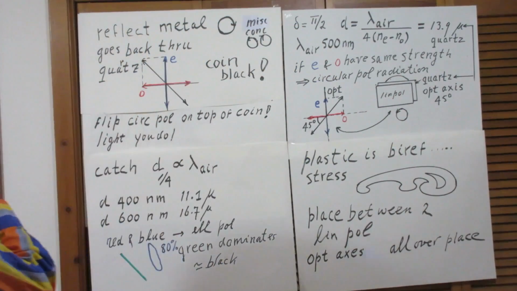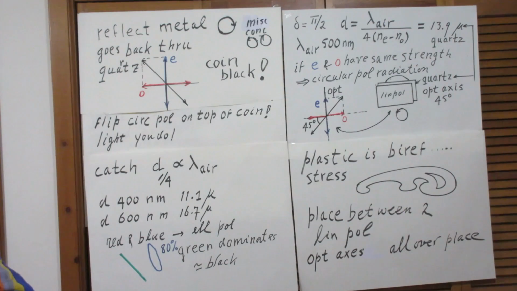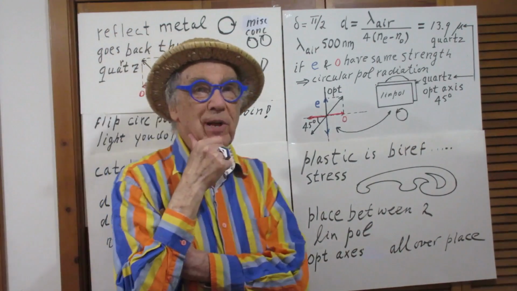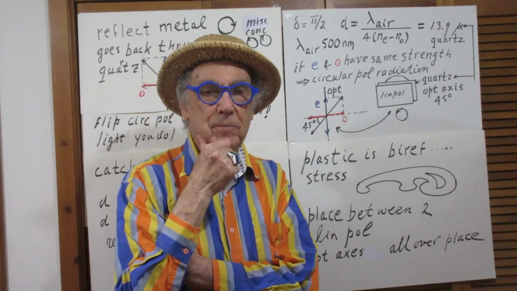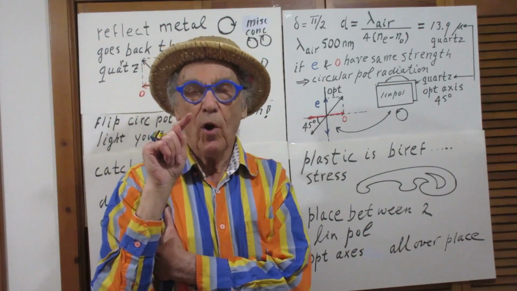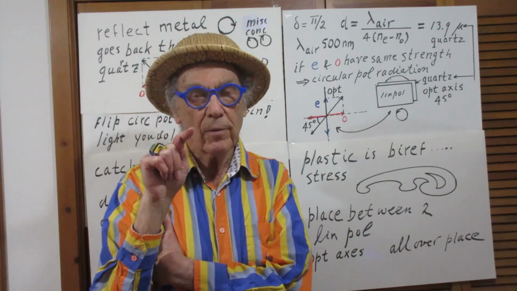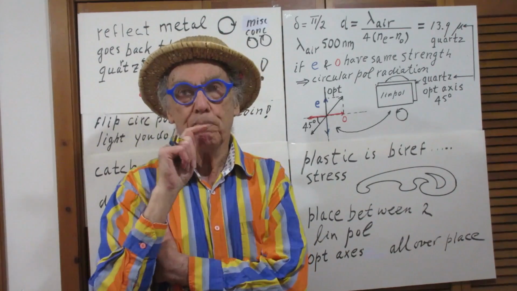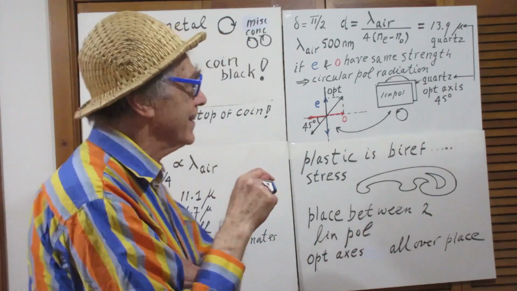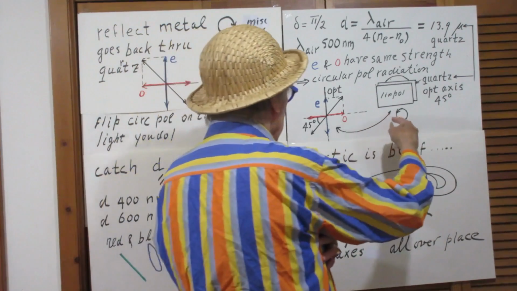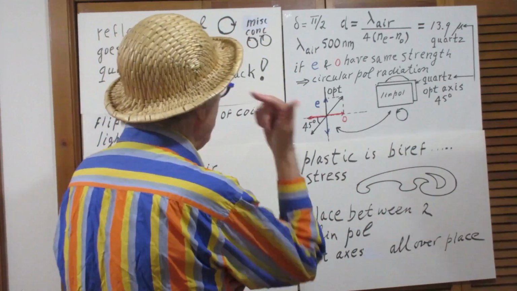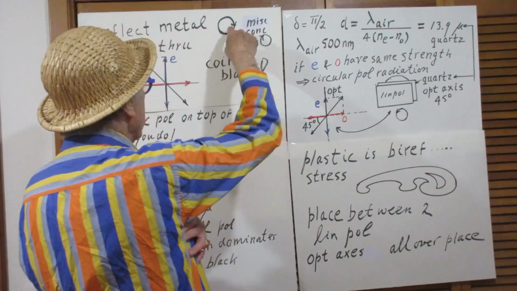And now comes the remarkable thing. The easiest way to see what I'm going to tell you is the following. Put yourself at the location of the metal, and look at me. Then the circular polarized light is circulating in this direction. When it comes to me, from my point of view, looking at the coin, it is like this.